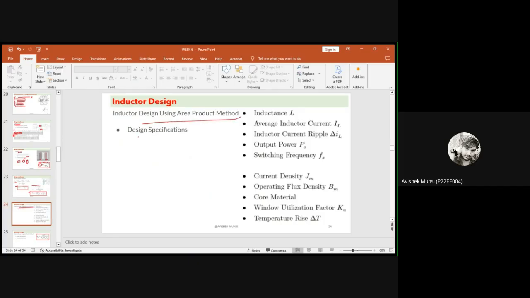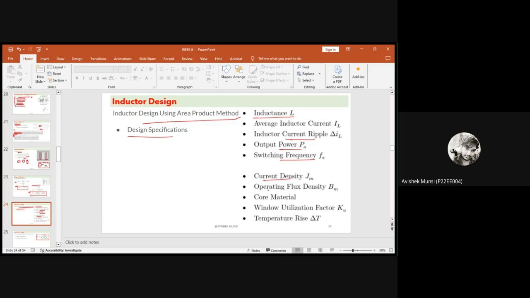Okay. So number one is design specification. You have to decide what is the value of your inductor, how much average inductor current is flowing through it, how much current ripple you will allow for designing that inductor, and what will be your output power. What is your switching frequency, based on which you have to decide the wire? How much current density, based on which you have to decide the wires and the core?